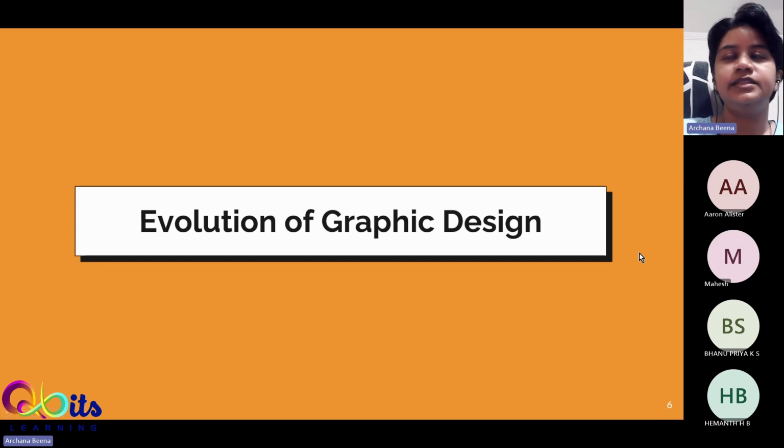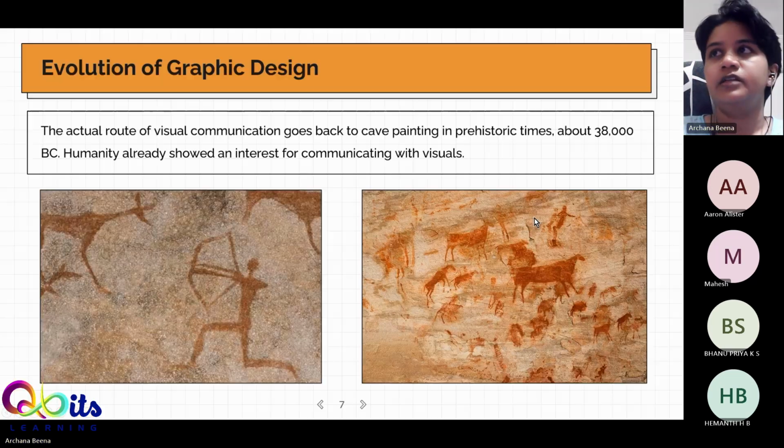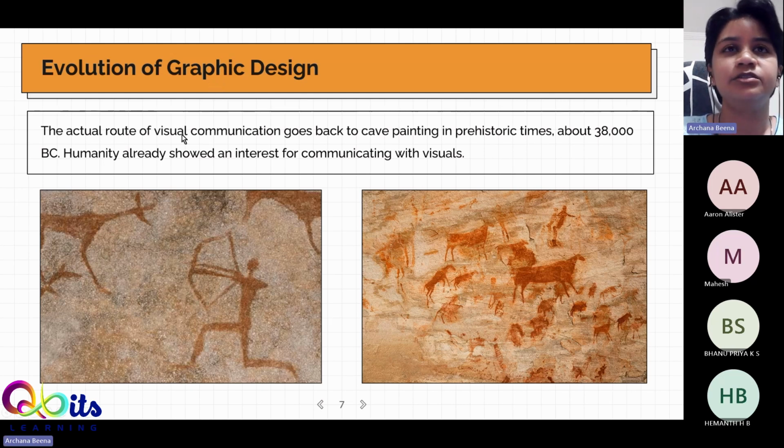So let us see how graphic design has evolved over the years and gotten to where it is right now, or as we know it. The earliest known form of artistic expression is the cave paintings. We all have heard of cave paintings back in school. This was the first evidence of visual communication, about 38,000 BC.